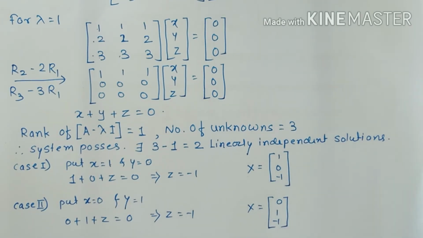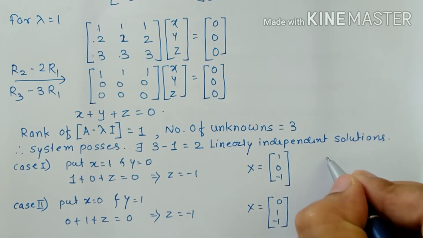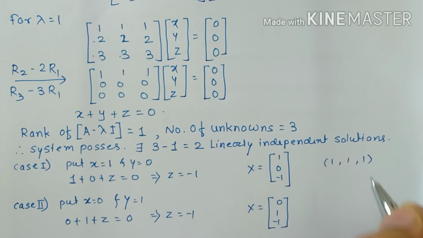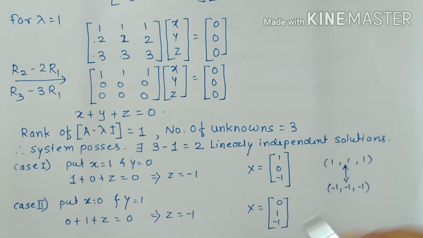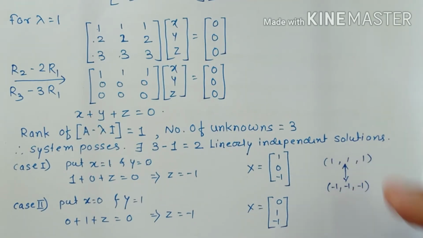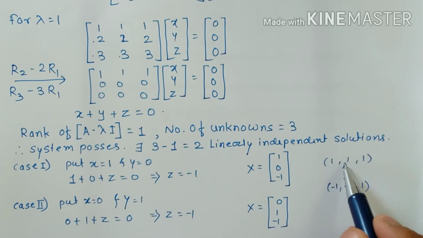Linearly independent means what? A vector is said to be linearly independent if it cannot be expressed in terms of the other one. Let's take an example. 1, 1, 1 is one eigenvector and the second eigenvector is minus 1, minus 1, minus 1. See, these vectors are linearly dependent, because if I multiply this by minus 1, we get this one, or if I multiply this by minus 1, we get this one back.